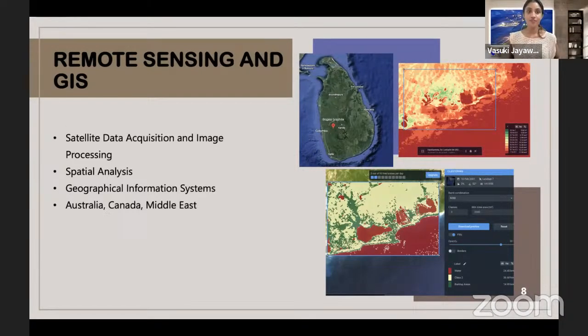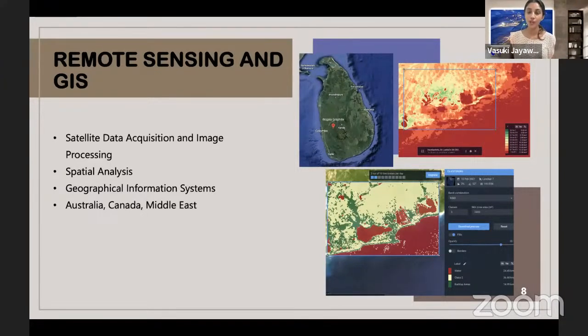And then geographical information systems. Remote sensing is a tool, and using remote sensing you can do a lot of research. You can gather a lot of information and analyze it using different configurations. From remote sensing, a huge area of research is opening up to you.